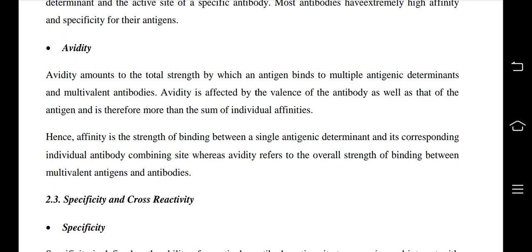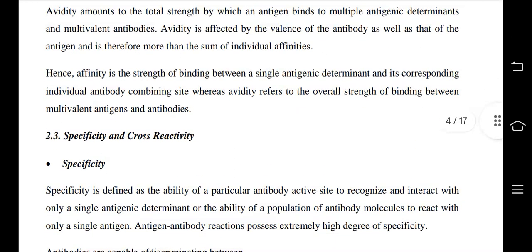Hence, affinity is the strength of binding between a single antigenic determinant and its corresponding individual antibody combining site, whereas avidity refers to the overall strength of binding between multivalent antigens and antibodies.